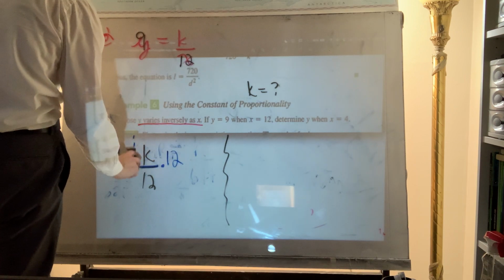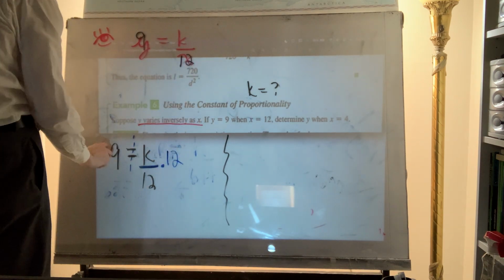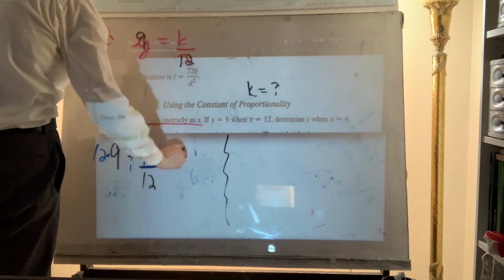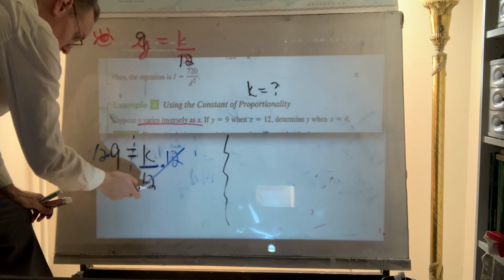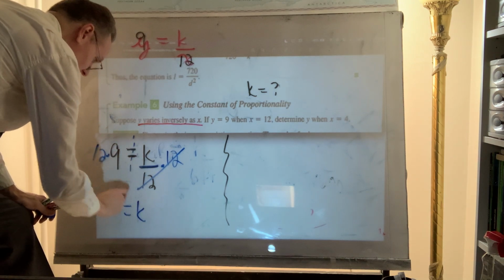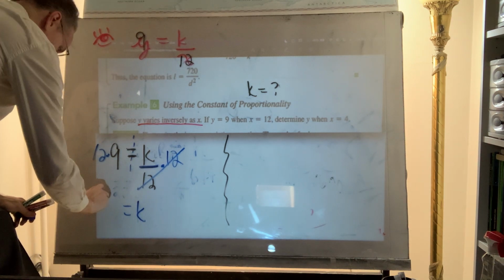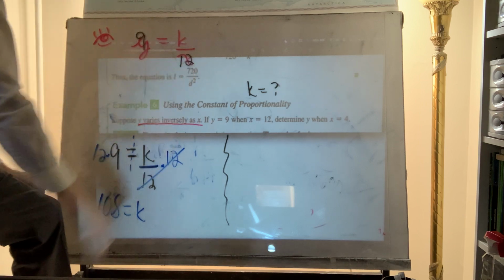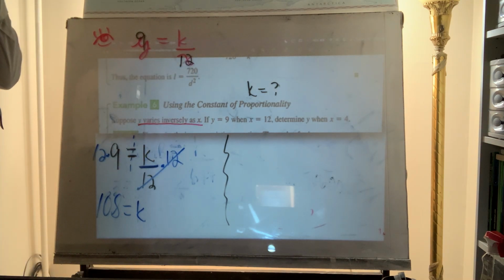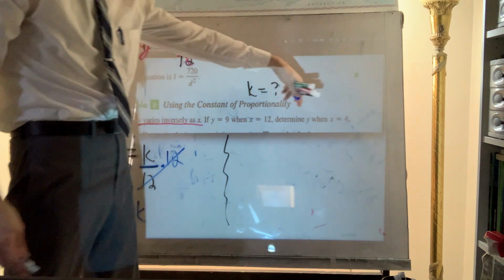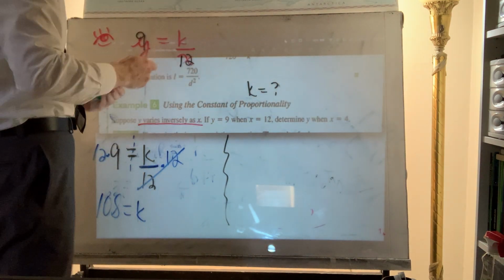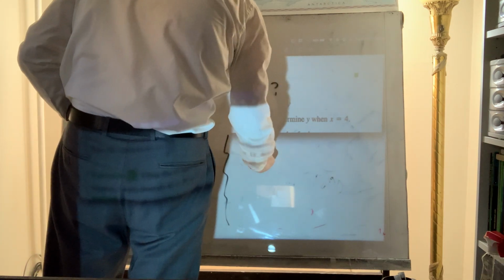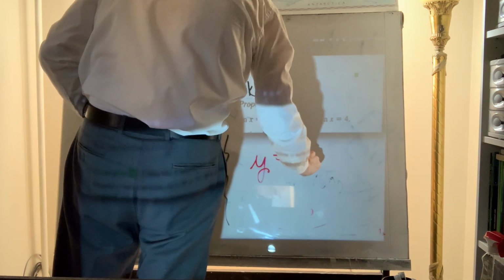If I did that here, my hands are tied. I'm obligated to do it to the opposite side. The 12s would justifiably cancel. You'd be left with k, which is what you're looking for. And then k is equal to the outcome of 12 times 9, which should be 108, whatever the units would be. Then we can answer this other situation. Determine y when x happens to be 4. I'm going to borrow the model, which is that y is equal to k over x.